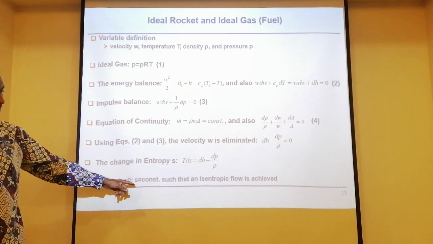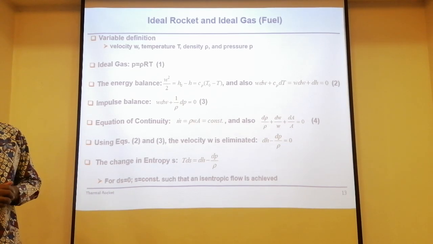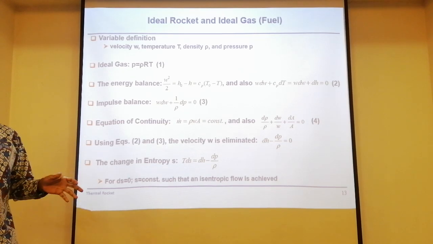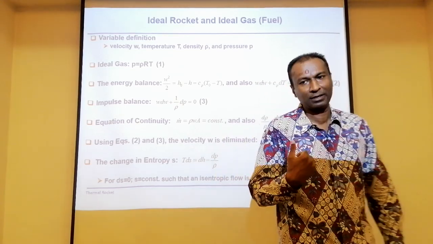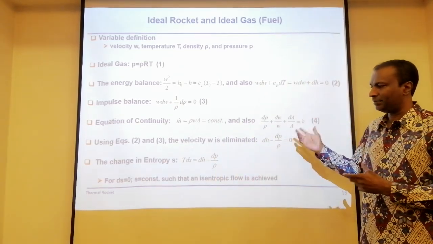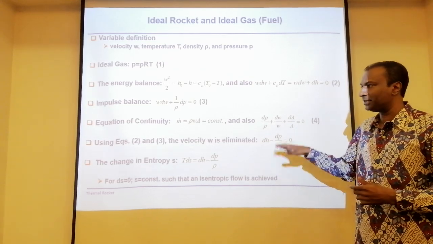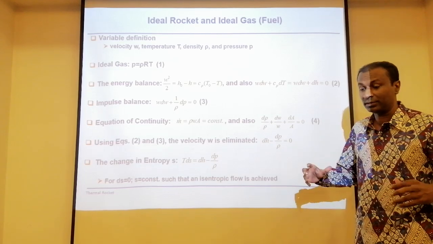That means you have a constant state such that an isentropic flow is achieved. This is quite typical; if you have learned gas turbines, this is a very common formulation we use. So we have picked from thermodynamics to apply in this particular chapter in order for us to deduce the actual equations.